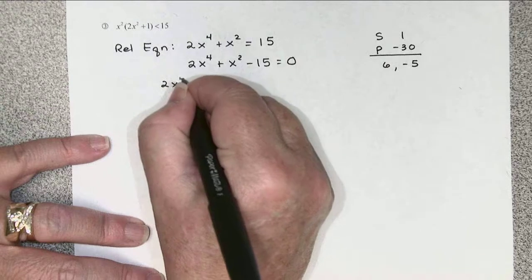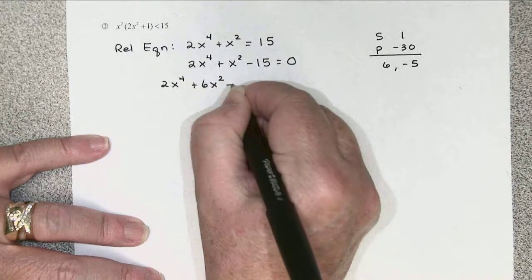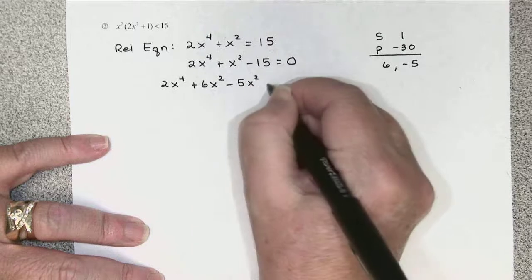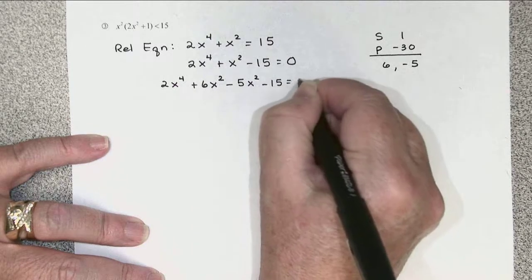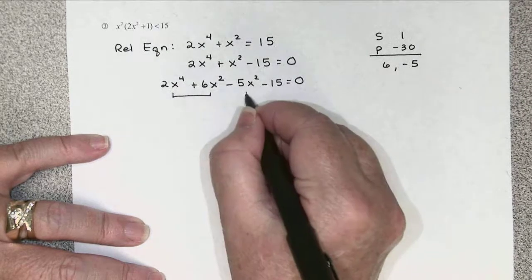So 2x to the 4th plus 6x squared minus 5x squared minus 15 equals 0. And now I can factor by grouping.